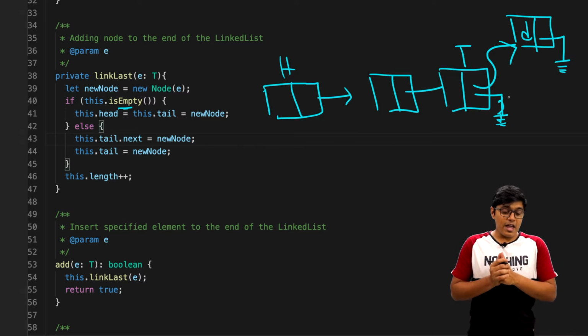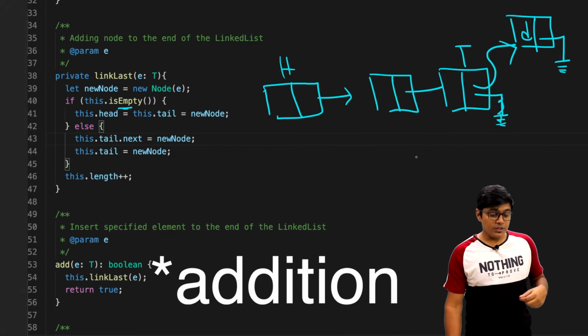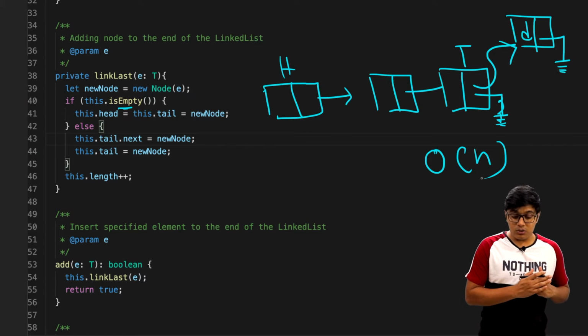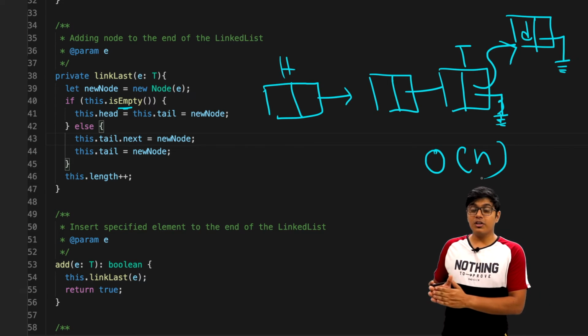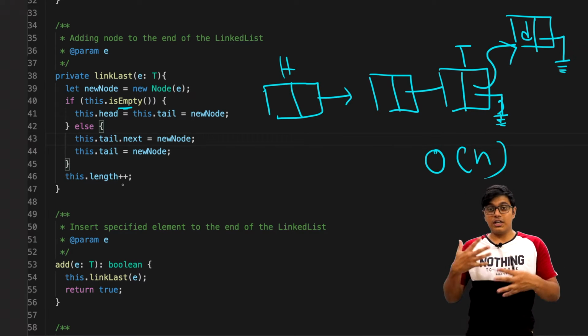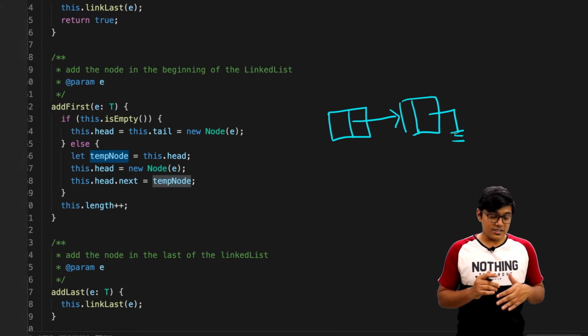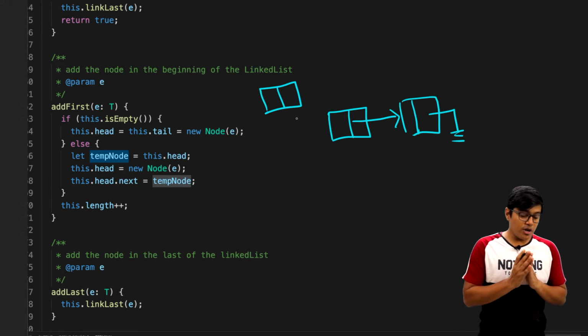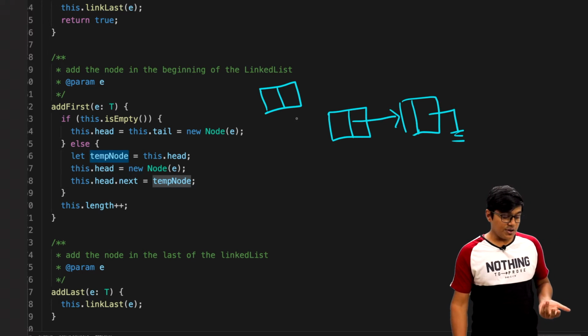It will be efficient because here the operation will be big O of 1, as you don't need to traverse to the end of the linked list, and we are increasing the length here so that it can be tracked. So add last is pretty easy. Now for add first, as in the example, we just created a new node here.